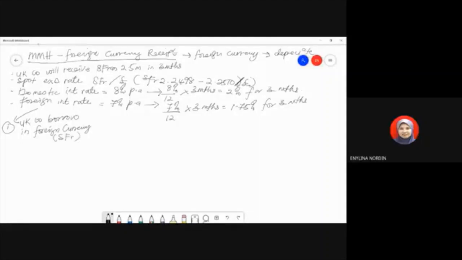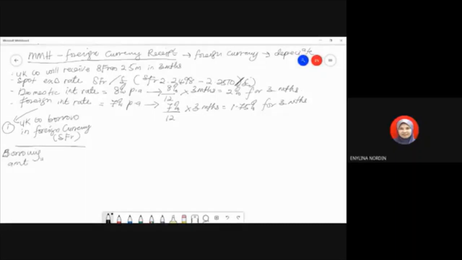You have to determine the borrowing amount, that means how much you need to borrow in Swiss franc.